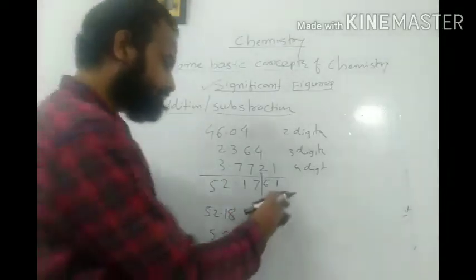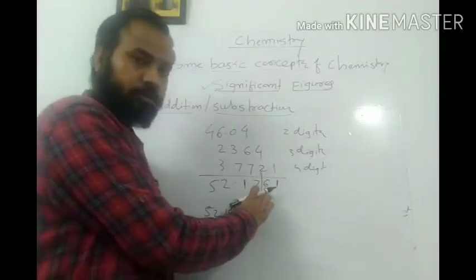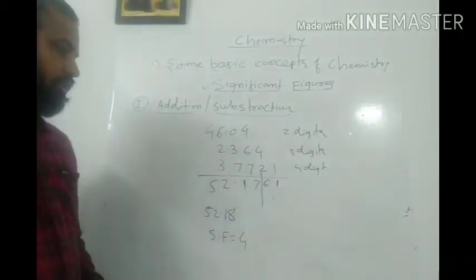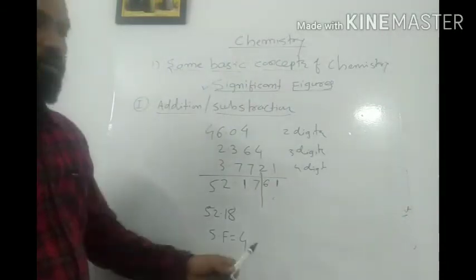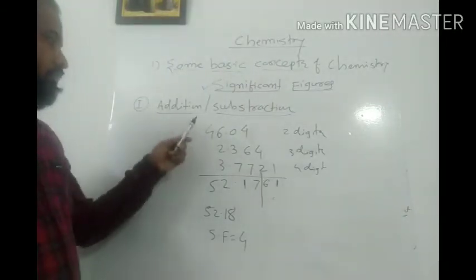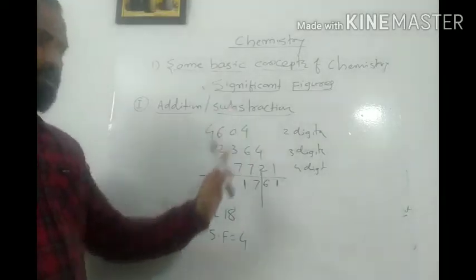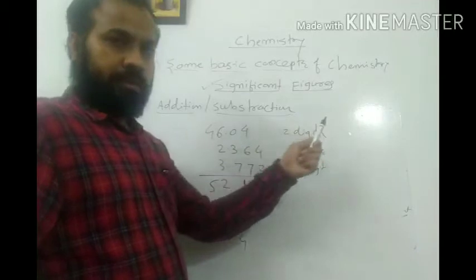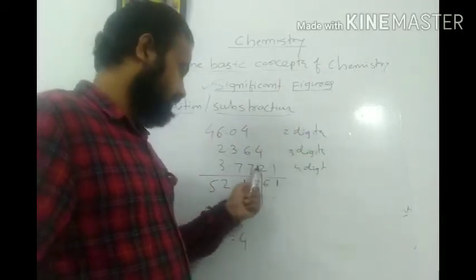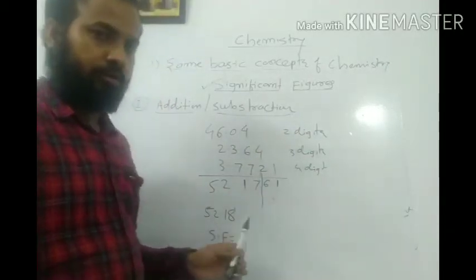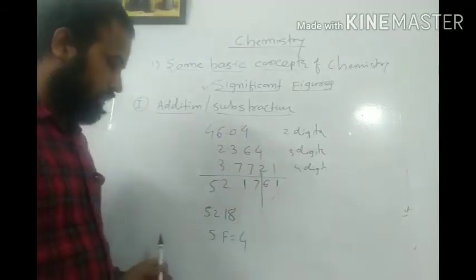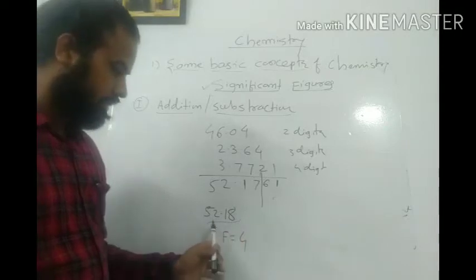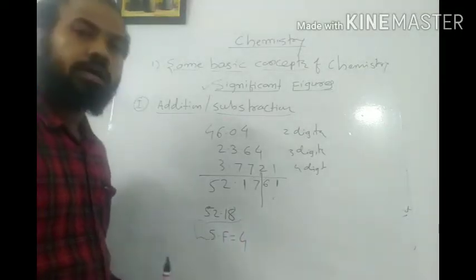In this case, as this digit is more than 5, you have to add one more digit. Okay, so in this way you can add and write down the significant figures. We just write down these values and make the addition as usual. You have to consider the minimum decimal places, and according to that you restrict your answer, using the principle of rounding off, to write down the correct, precise answer, and then based on this write down the significant figures.